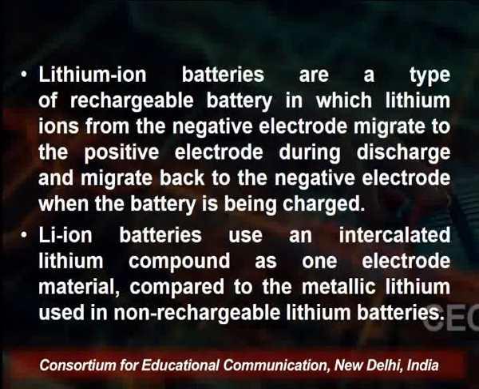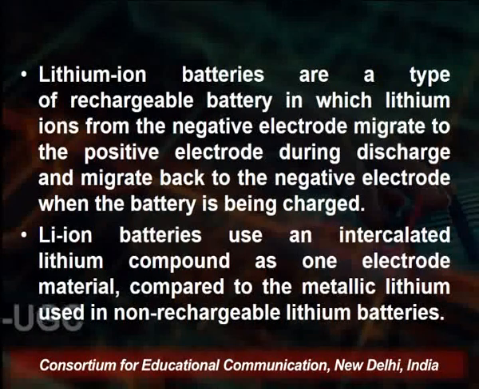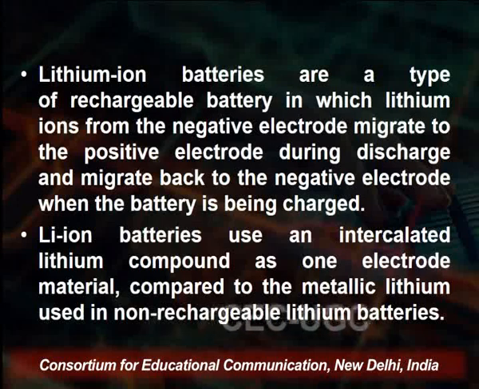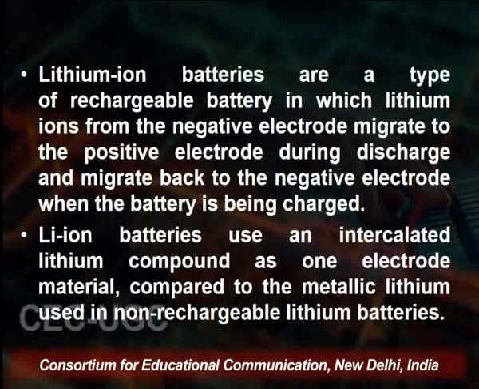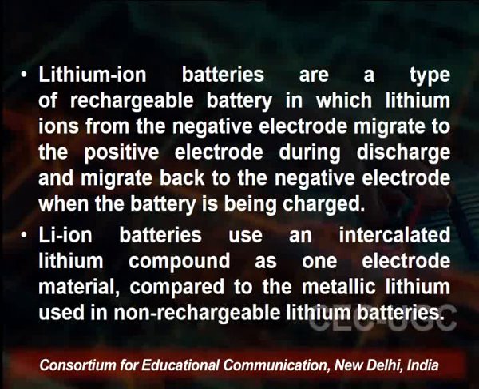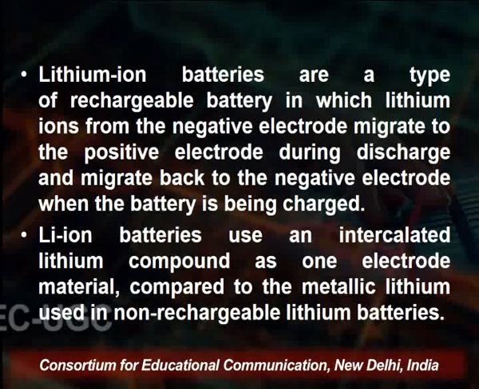Lithium ion batteries are a type of rechargeable battery in which the lithium ion from the negative electrode migrates to the positive electrode during discharge and migrates back to the negative electrode when the battery is being charged. So it is possible to charge and discharge a lithium ion battery.